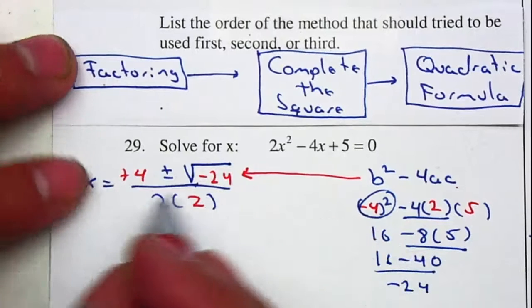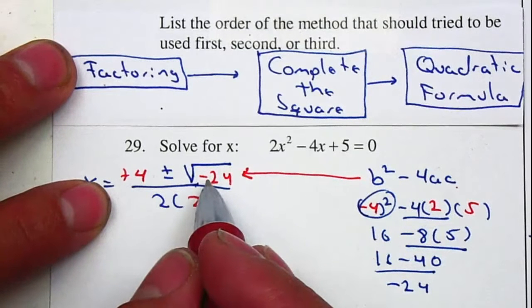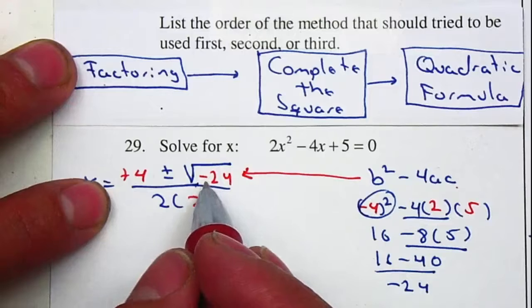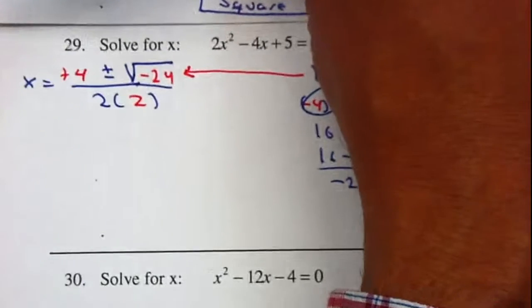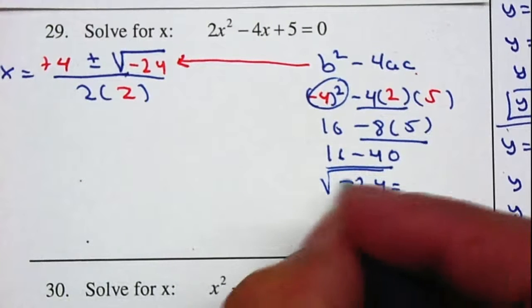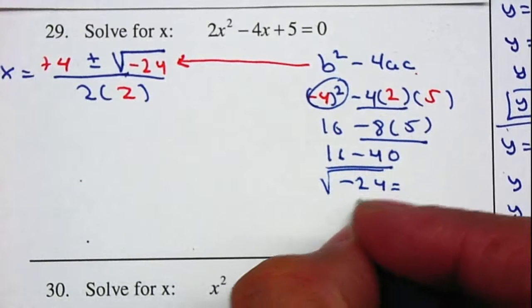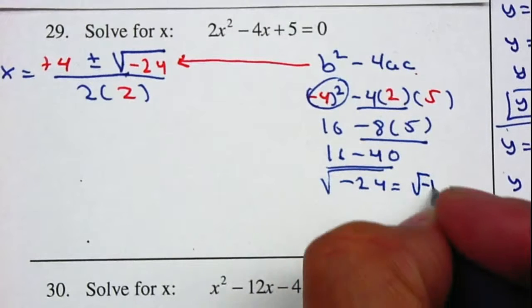Now remember that your first number will be positive, and since we have a negative, we are going to end up with an i. I need to simplify the square root of 24. I'm going to find the perfect squares, or if you want, you can do your factor tree as well. We have a negative in there, so it'll be the square root of negative 1.